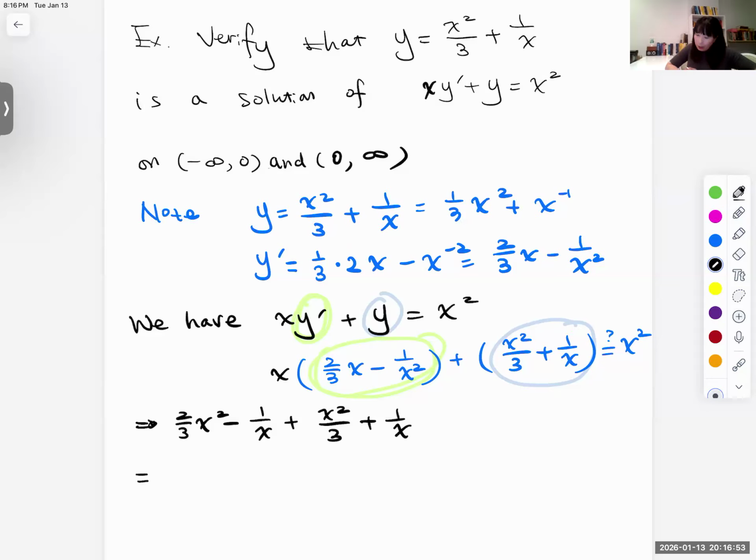So we have 2 and 1, so 3 over 3 x squared, and this part is 0, which is x squared.